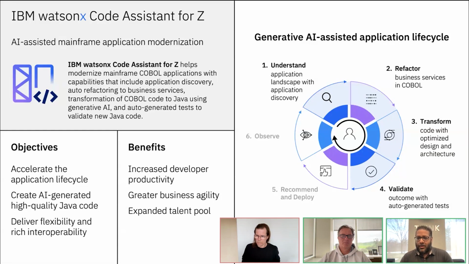But you did ask about the model. Let me touch on that. We've taken what we consider one of the best code models in the industry, and we further trained that with additional COBOL information, additional Java information. We've pulled in all of IBM's expertise. We have hundreds of experts writing semantically equivalent COBOL and Java code pairs. And we've put all of that training into our model to really deliver a high value model.